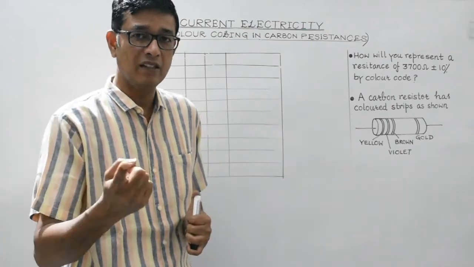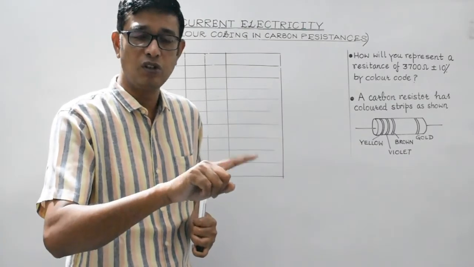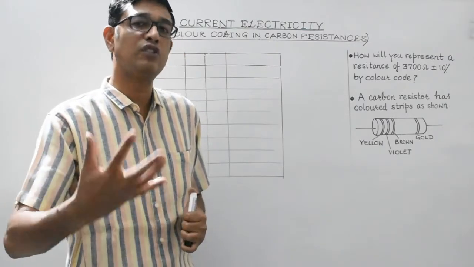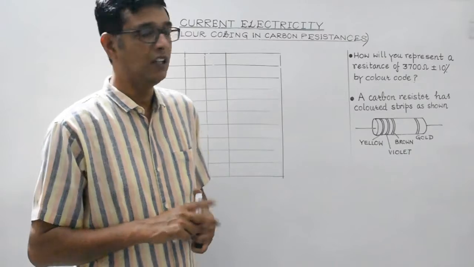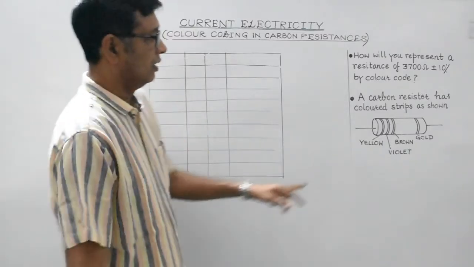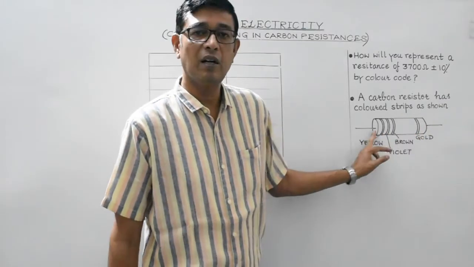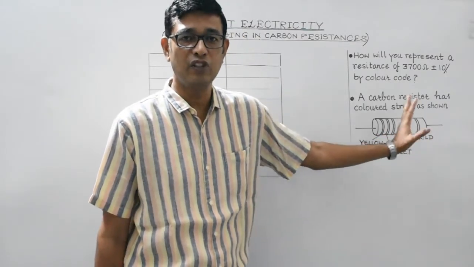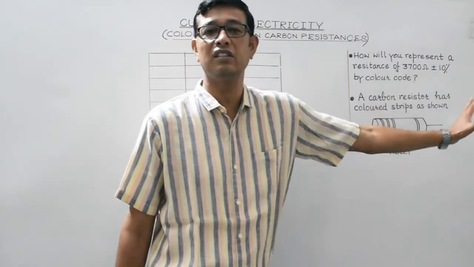And the 4th band, which may be either gold, silver or no color at all, represents the tolerance of the resistance. Basically, a carbon resistor consists of 4 concentric colored bands, 3 on one side and the 4th on the other extreme.